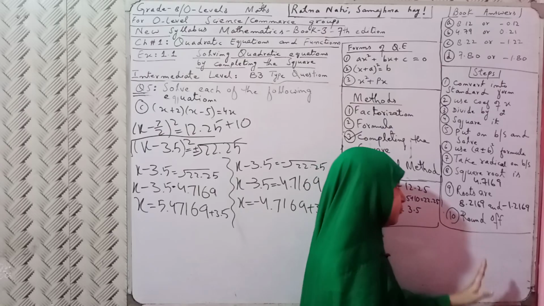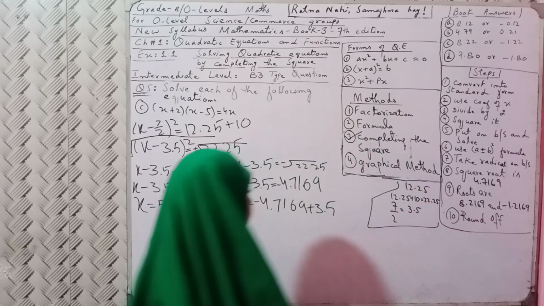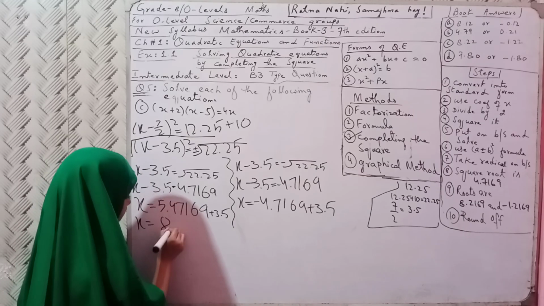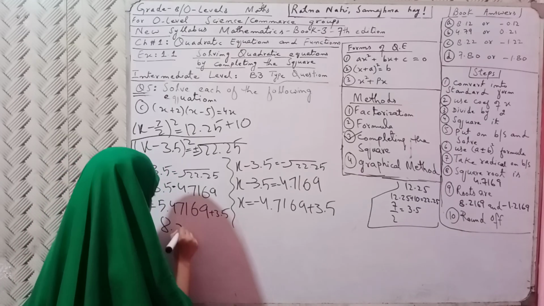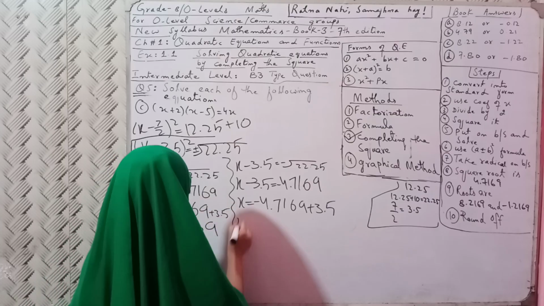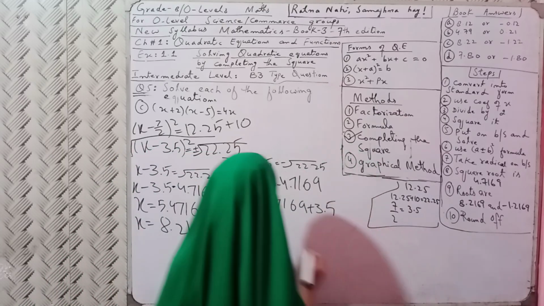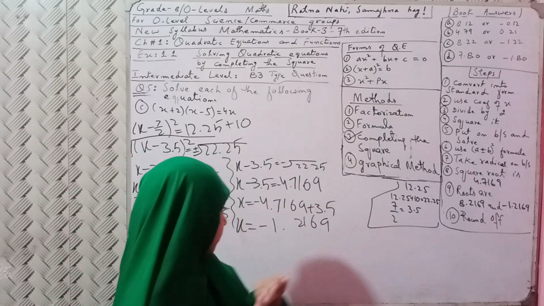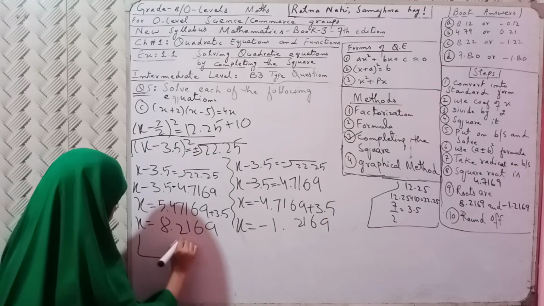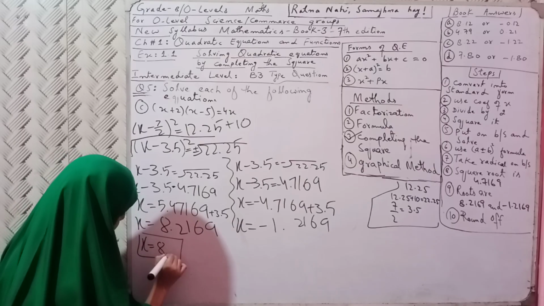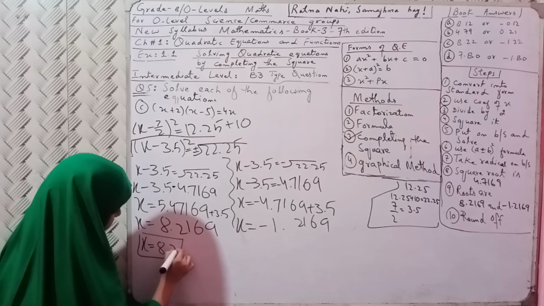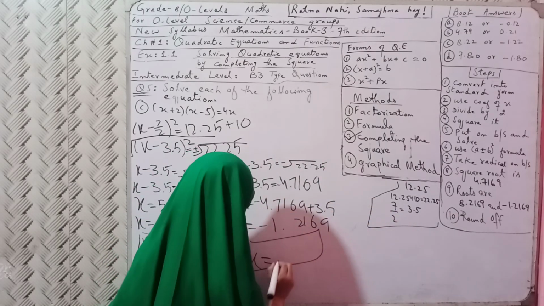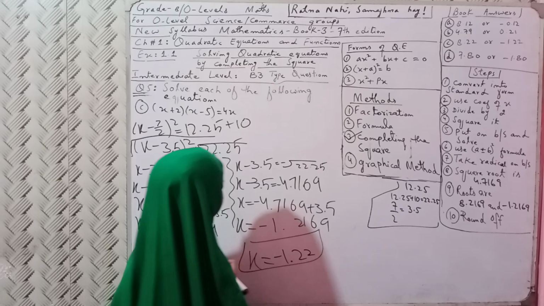Now roots are 8.2169 and the second one is minus 1.2169. Then round off. So here will come x is equal to 8.22, and the second one x is equal to minus 1.22.